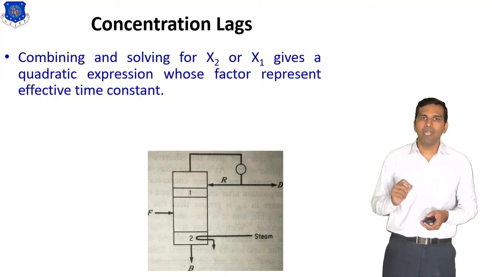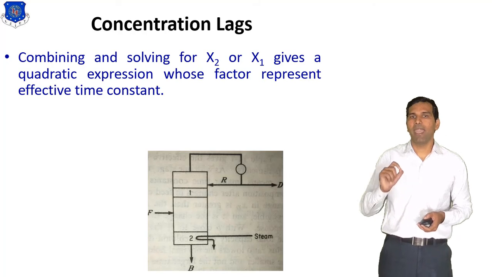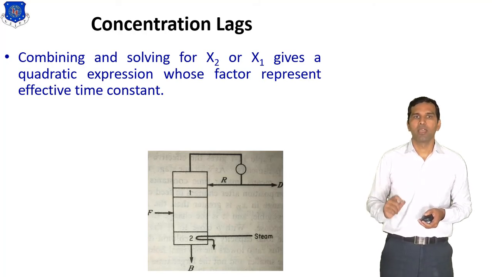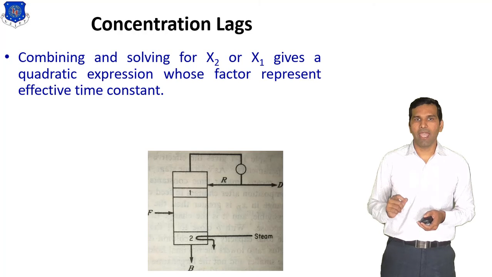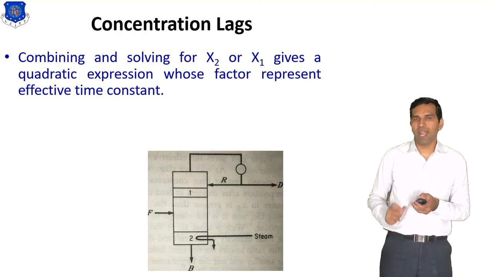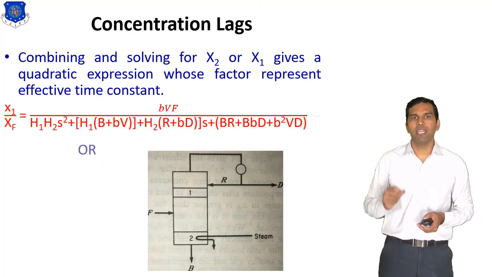So combining and solving for x2 or x1 gives a quadratic expression whose factors represent the effective time constants.